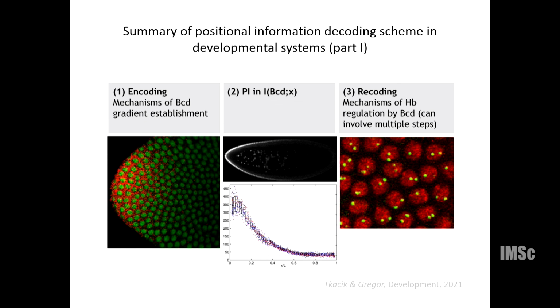There is some signal that encodes the positional information, but first you need to establish this gradient, and we had this in the last talk. There is some maternal messenger RNA that codes for Bicoid, and then through diffusion and degradation it makes an exponentially decaying gradient in space that is then read out by the cells.